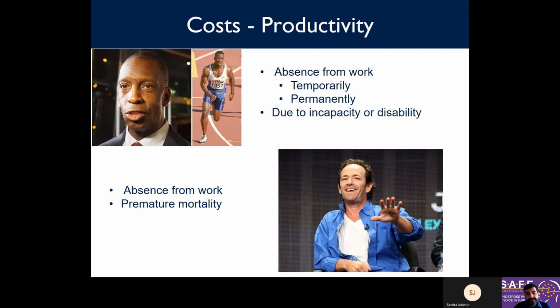In those cases where the stroke is extremely severe and disabling, patients might not be able to return to work anymore. And then, unfortunately, there's the absence from work due to premature mortality, where people with stroke die in their working age, so they will not be able to return to work.